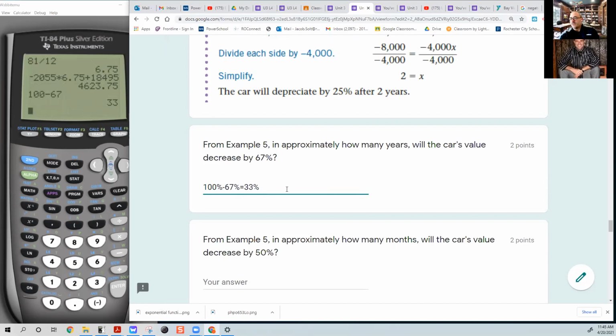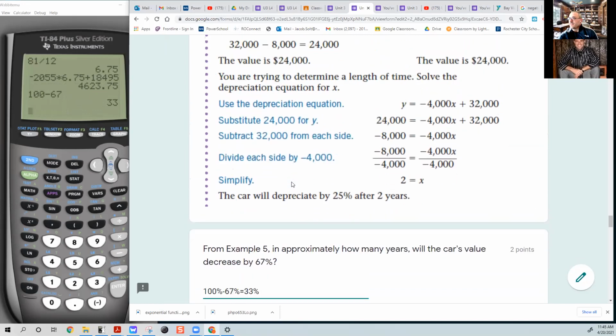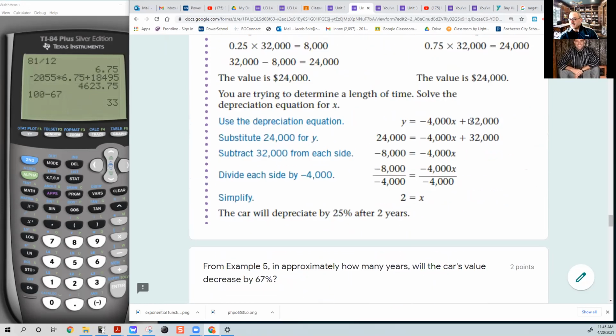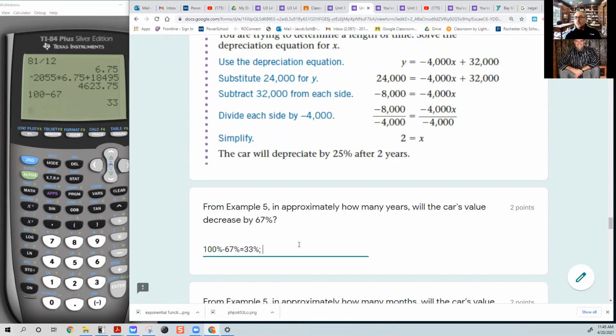I want to know when the car's value reaches 33%. The car starts at a value of $32,000, right? So I want to find out what 33% of 32,000 is.